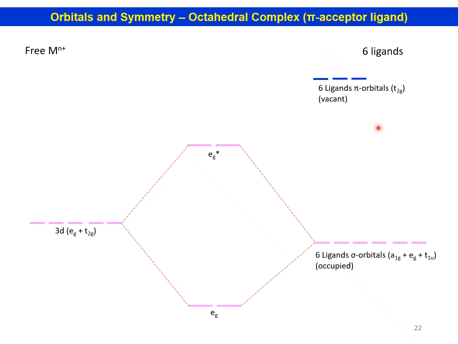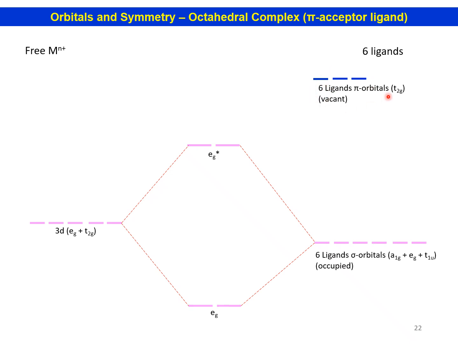From the name pi-acceptor ligand, the ligand must have an empty pi orbital for it to accept electrons. And this is why the pi orbital is vacant. But the sigma orbital is occupied so that bonding can happen with the free metal ion. The eg, bonding and anti-bonding, is separated, and they are derived from both the free metal ion 3d orbitals and the ligand sigma orbitals.